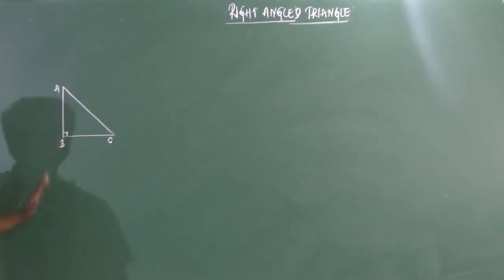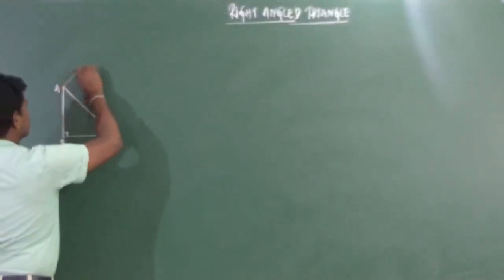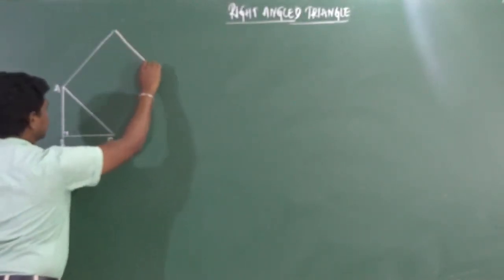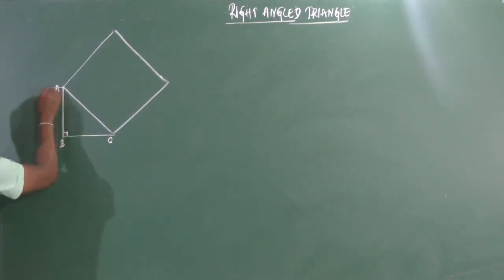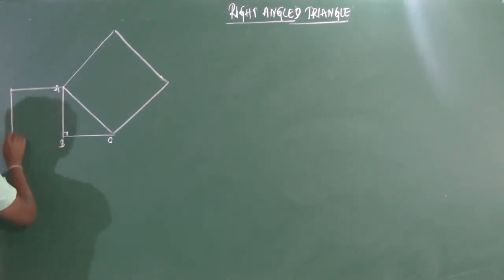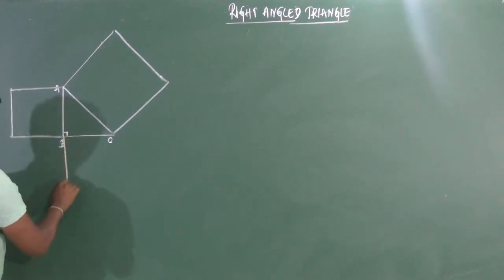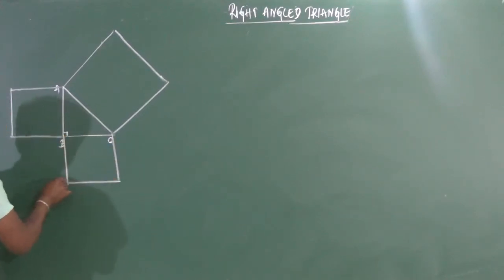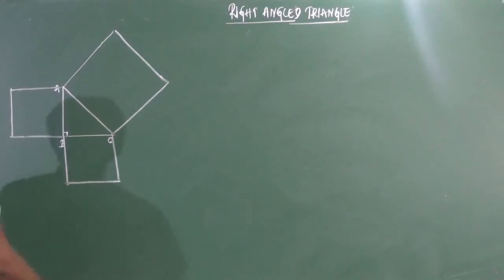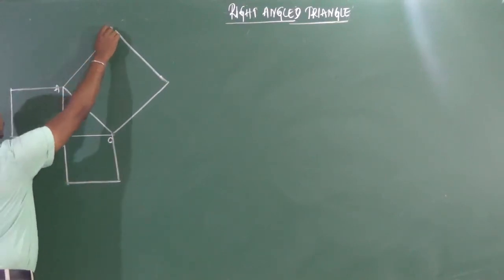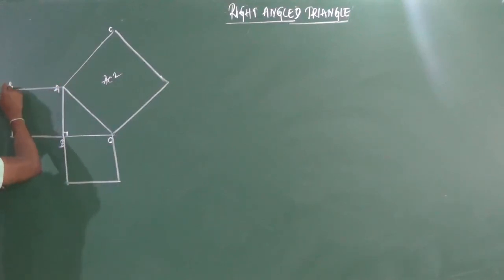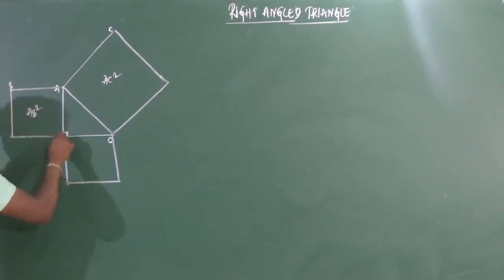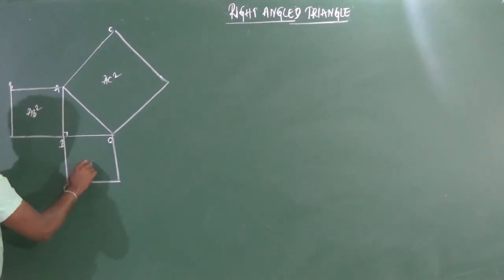So in this right angle triangle, the square which is built on the hypotenuse is equal to the sum of the squares on the other two sides. So this is the theorem, right? So AC into AC is AC square, AB into AB is AB square, and BC into BC is BC square.